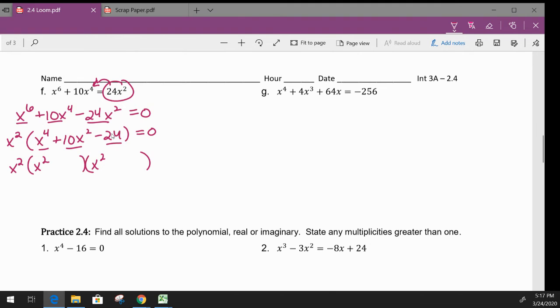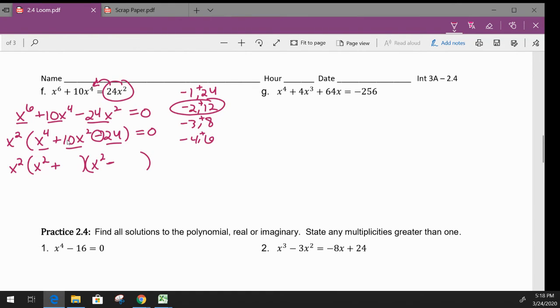All right, so now we need to find two factors of 24 that subtract, because it's negative, or have a difference of 10. So if you think of your factors of 24: 1 and 24, 2 and 12, 3 and 8, 4 and 6. Because it's a negative 24, your signs have to be different, which is why I try to think of numbers that have a difference of 10. Because the 10 is positive, the larger number has to be positive. So if the larger number is positive and the smaller number is negative, the only pair that gives me a sum of positive 10 is the positive 12 and the negative 2.